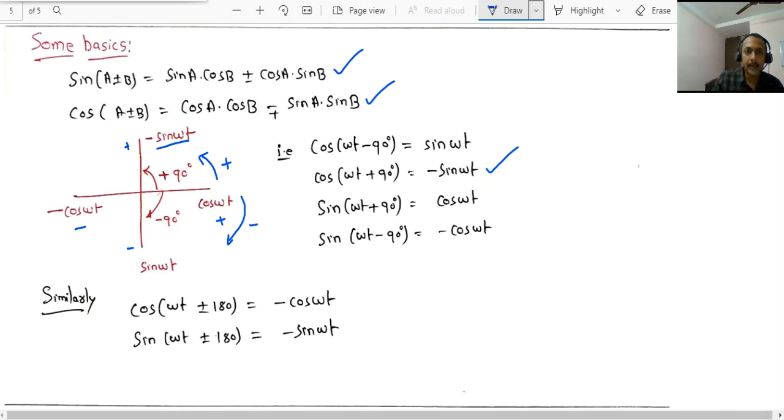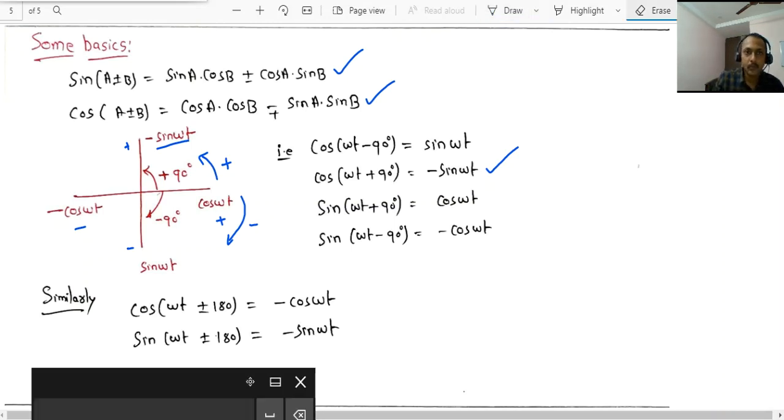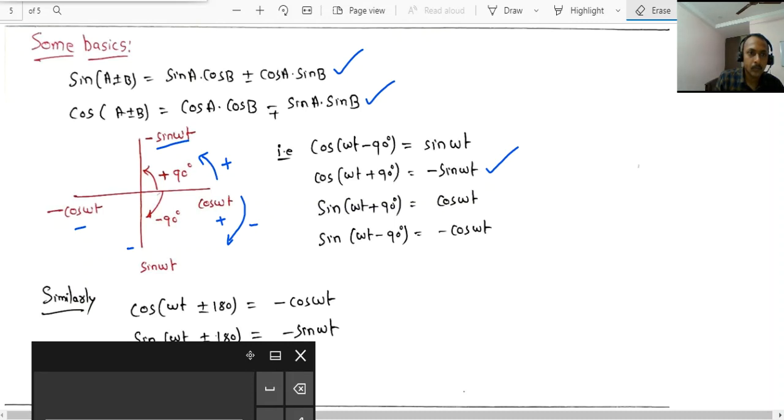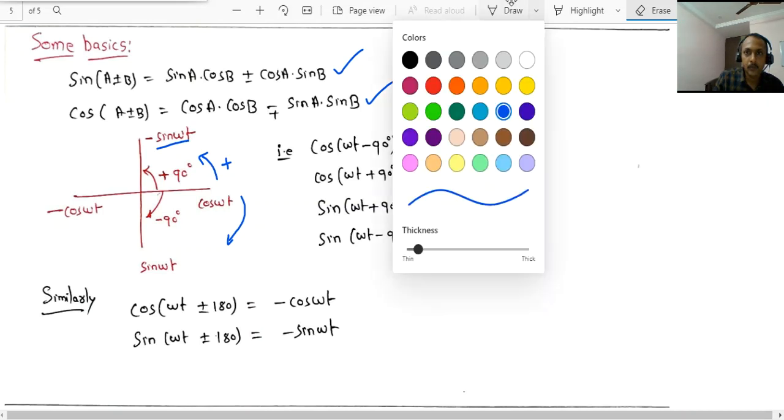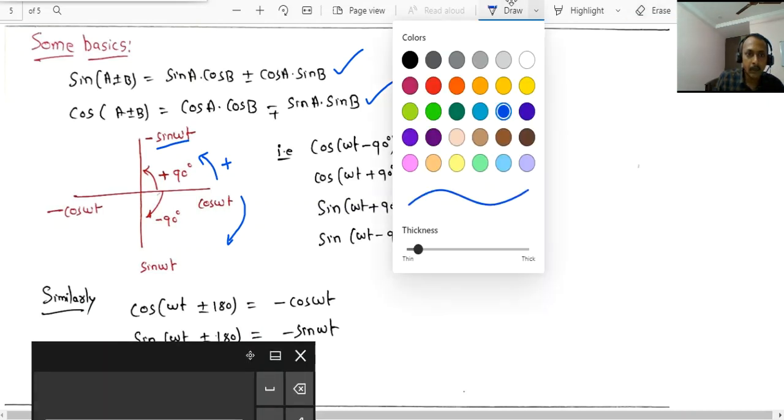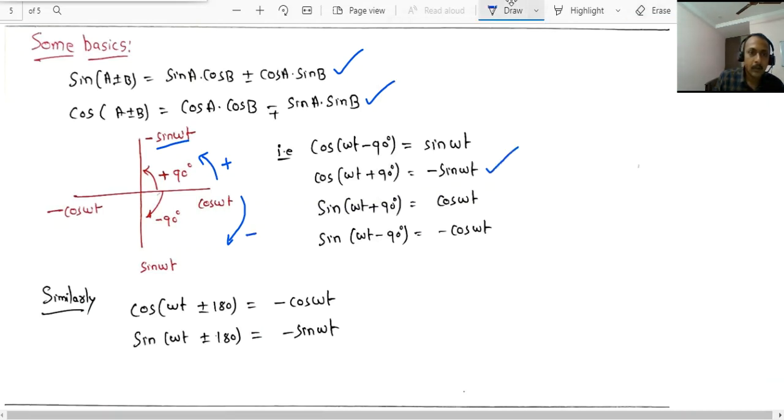The key point is while rotating anti-clockwise take positive and clockwise take negative.